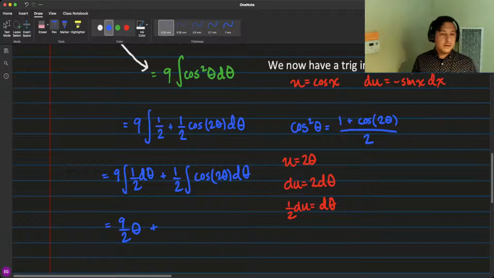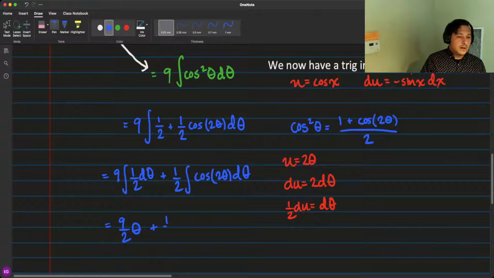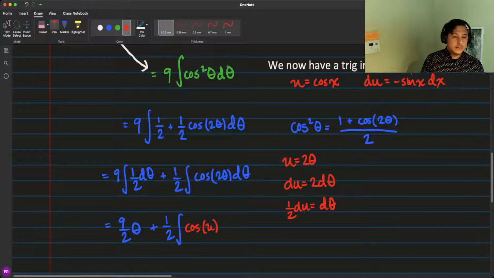Now let's work through this. You're going to get 1/2 integral cosine u, and then what's d theta equal to? 1/2 du.